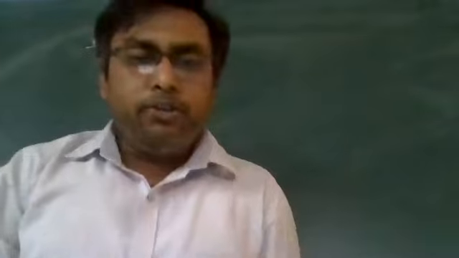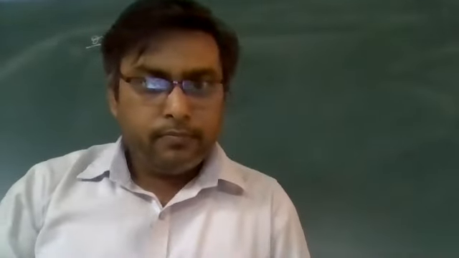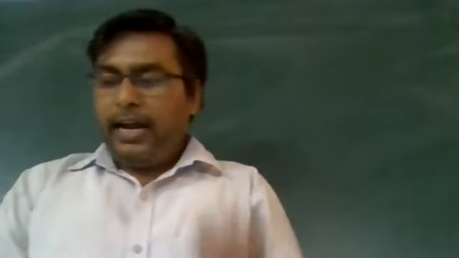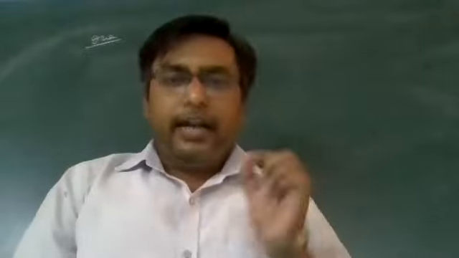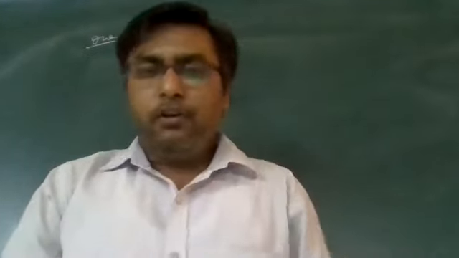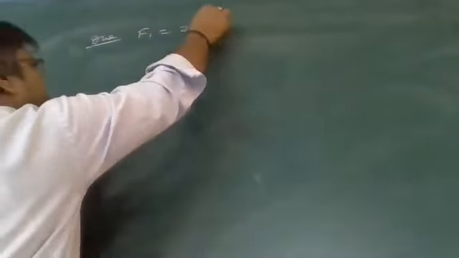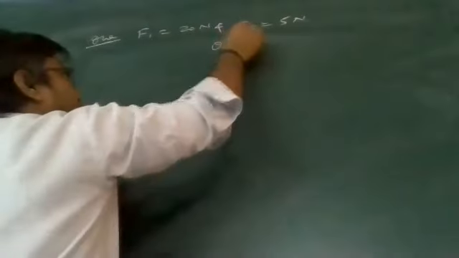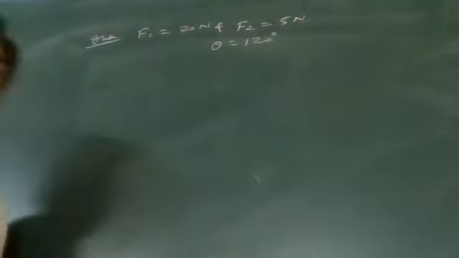One question to practice. Vector addition. If two forces, 20 Newton and 5 Newton, are acting at an angle of 120 degrees, then find the resultant force.